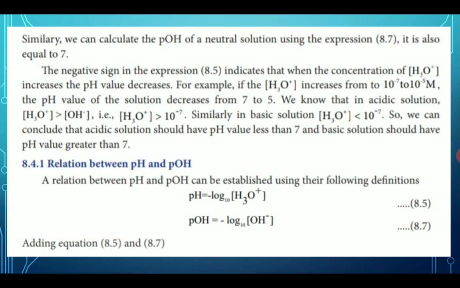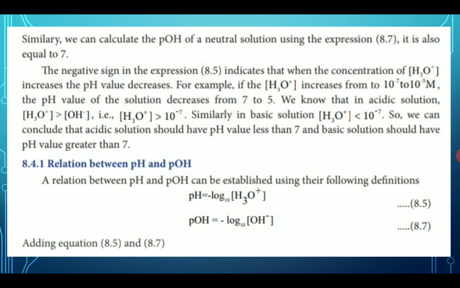If one increases, the other one decreases. For example, if the H3O plus increases from 10 power minus 7 to 10 power minus 5 M, the pH value of the solution decreases from 7 to 5. The value becomes 7 to 5, decreases, when the concentration increases from 10 power minus 7 to 10 power minus 5.